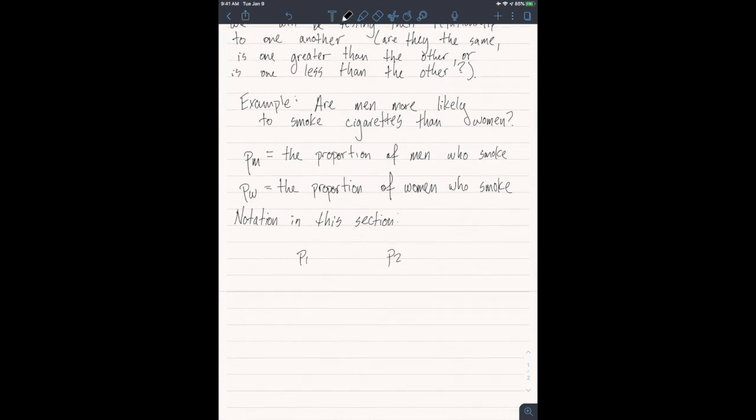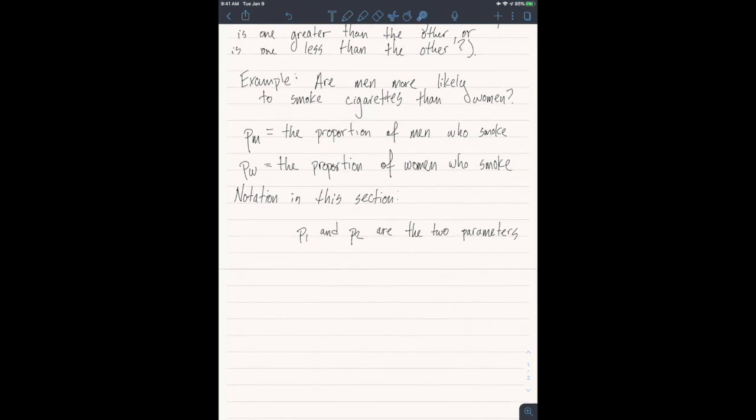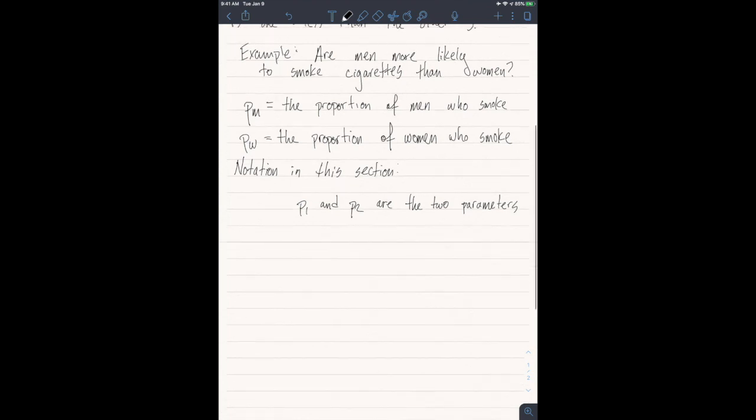These are, maybe I should put them closer together, P1 and P2 are the two parameters, right? We don't know those. The true values of, let's say I labeled them with an M and a W up here, right? The true proportion of men that smoke and the true proportion of women that smoke. We don't actually know what those are. To get those, we would have to talk to everyone in the world. We know that we can't get those.